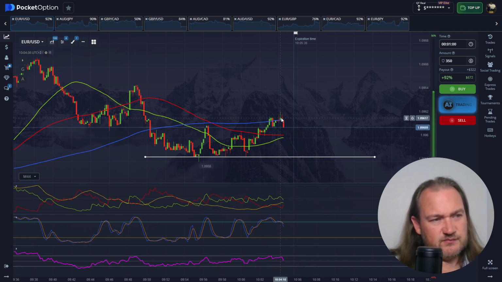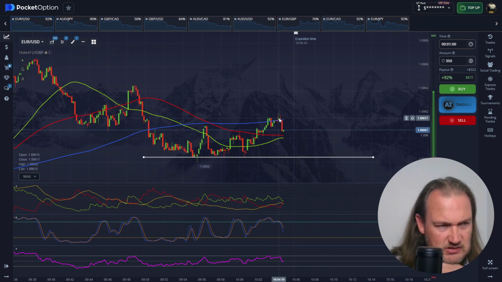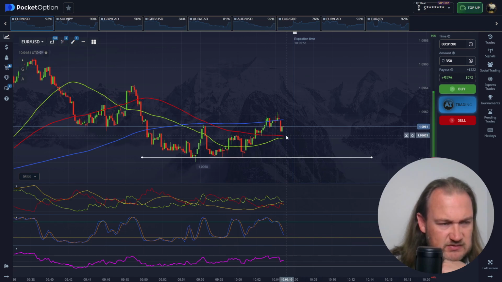Okay, so we did have some bearish divergence here on both the RSI and the stochastic, but it was very faint and the peaks are very close to each other. So, again, I'm not comfortable if it's not a really good setup.